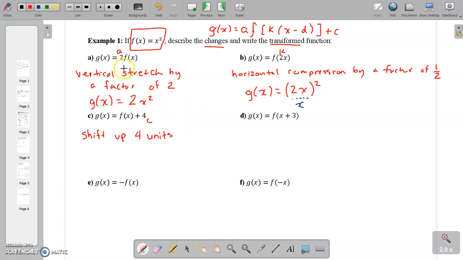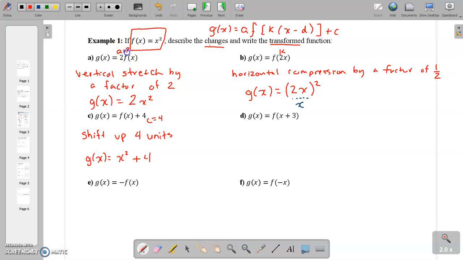So remember, the a and the c affect the y values. So our new transform function, g of x, would be the original function, x squared, plus 4. So here I'll just write c equals 4.